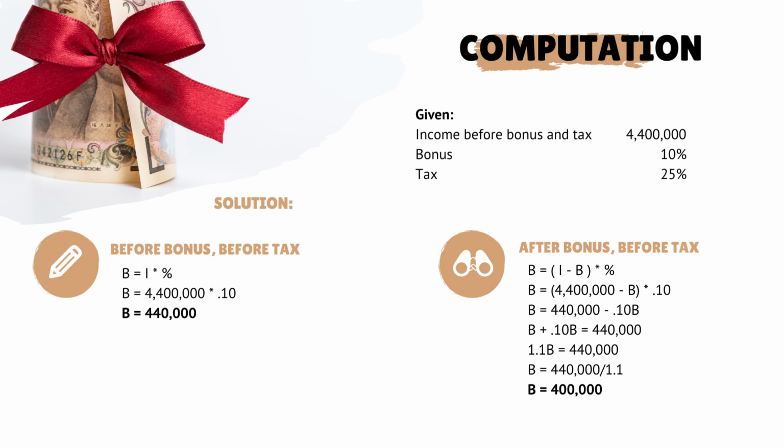Since it was transposed across the equals, its sign automatically changes. So from minus, it becomes plus. So, B plus 0.1B equals 440,000. 1.1B equals 440,000. So you just solve for it, and eventually you will come up with the amount. The bonus is 400,000. Okay?